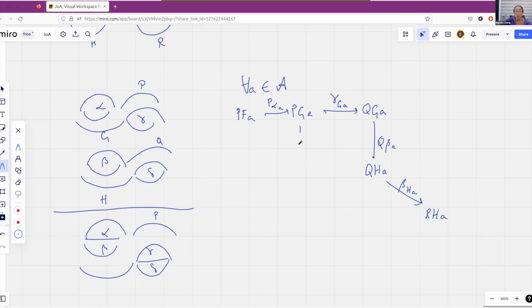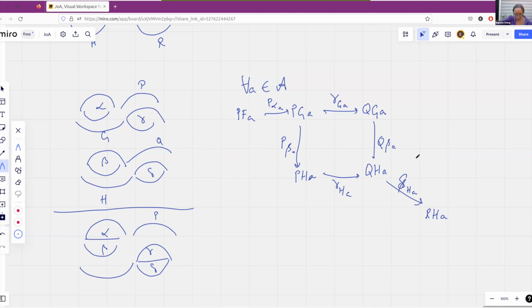But now we're going to do immediately beta whiskered with P, which means we do P of beta at A, which takes us to P of H of A. And now we do gamma and delta whiskered with H. So the first thing we do is gamma at H of A. And then we do, this is not a beta, that should be a delta. And so that's how we get the diagram.